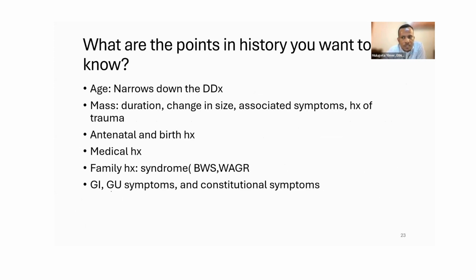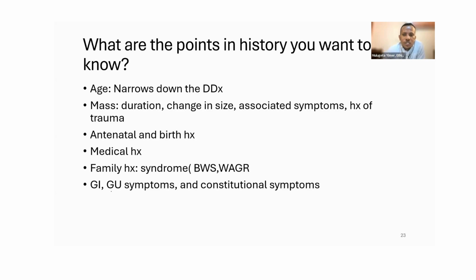Our target for today is an abdominal mass. So we need to ask about the duration, whether there is any change in size, and whether there are any associated symptoms. In Wilms tumor, as you know, it might only be the mass, but in other conditions like neuroblastoma, you can have a variety of symptoms like fever and systemic symptoms like malaise, weight loss, and loss of appetite.